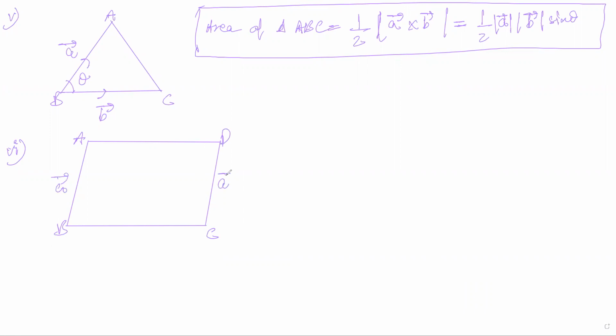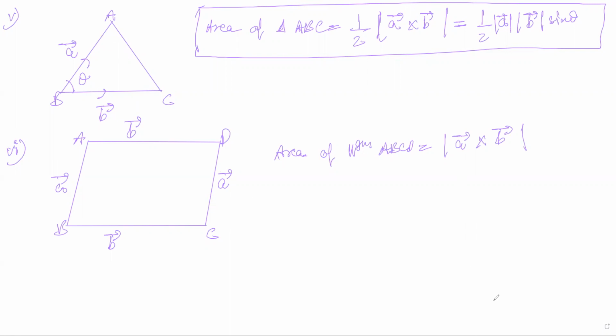Obviously, this side would be A vector only, right? And this is B. So if you know A and B, the area of parallelogram ABCD would be the magnitude of the cross product of A and B.